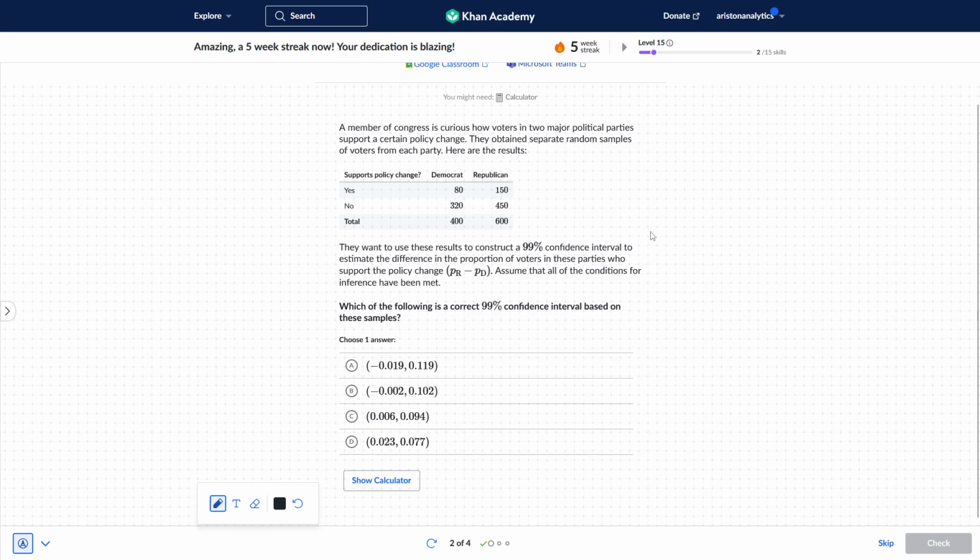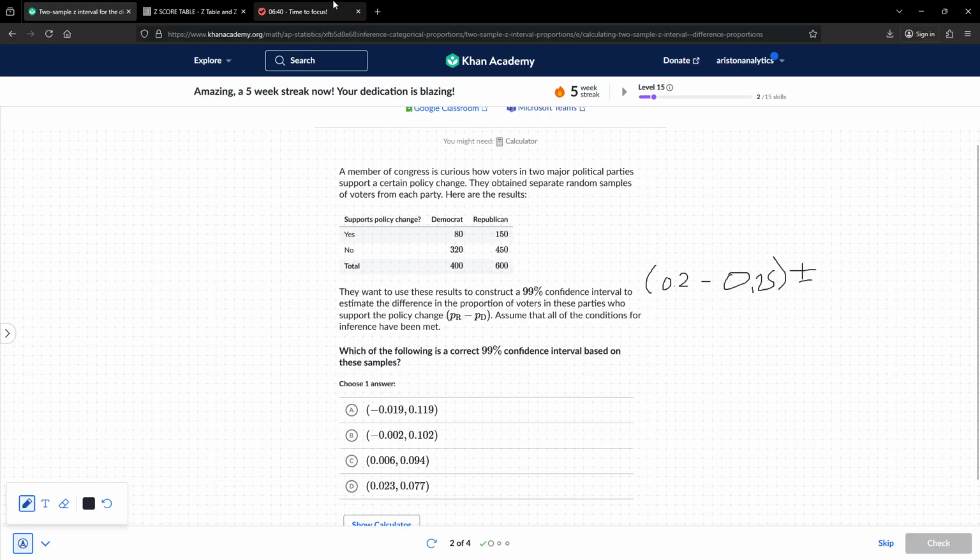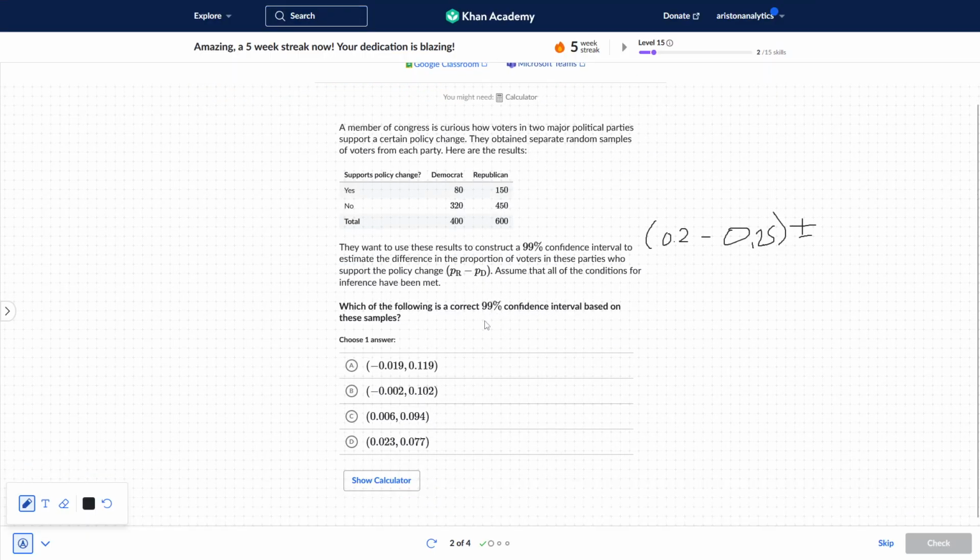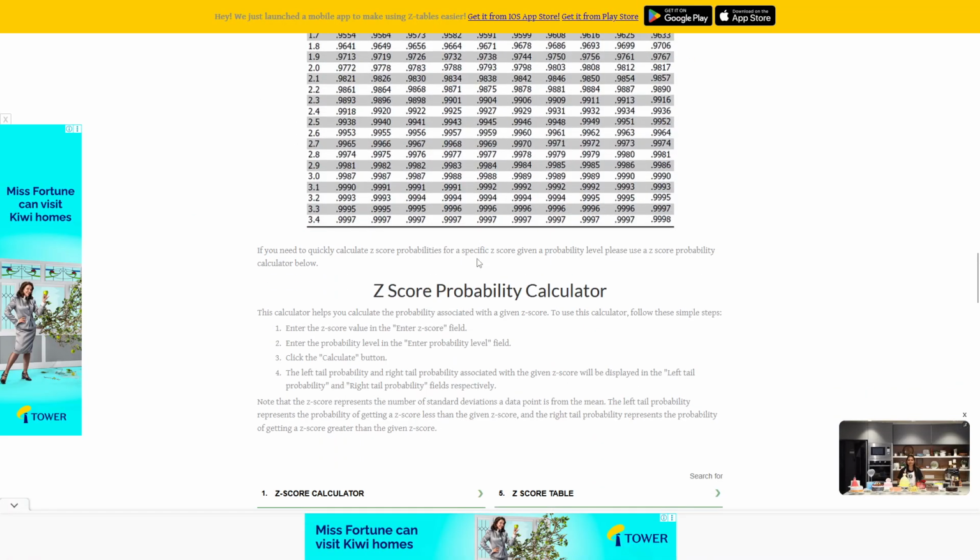Yes, okay, so 0.2 minus 0.25 plus minus z star, 0.05 on both sides.